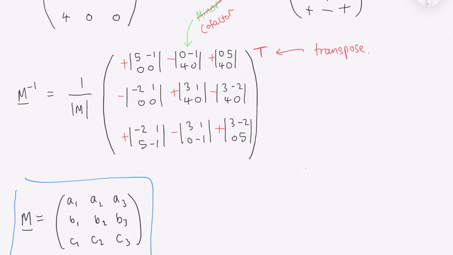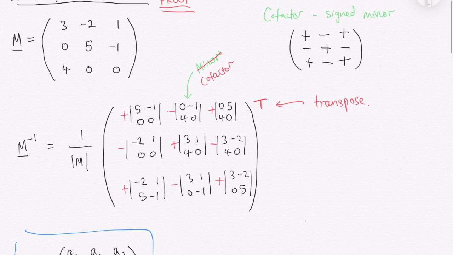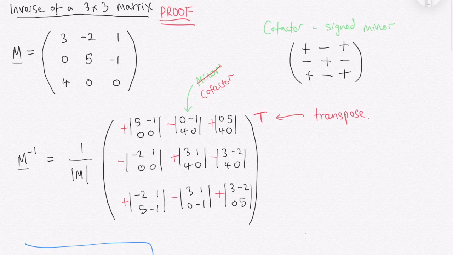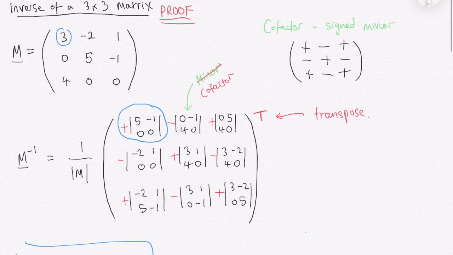So think about what we did in the previous video. And this is the example from the previous video. This top left element here was the determinant that was formed by taking the top left element in M, deleting the elements in this column, deleting the elements in this row, and finding the determinant of the remaining matrix, and then making sure we use the correct sign. And we called this the cofactor.